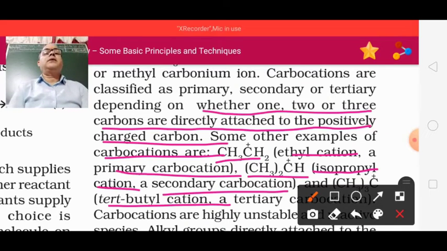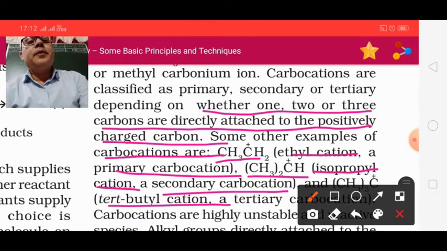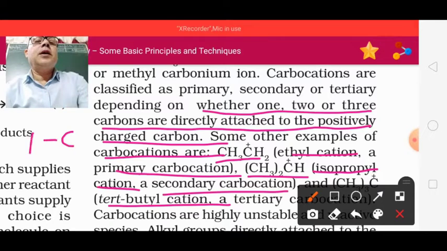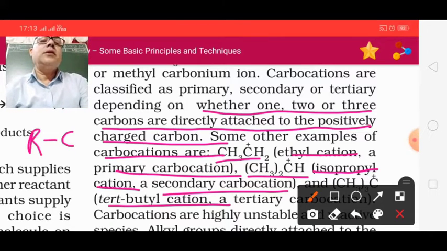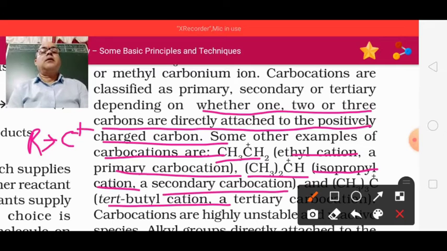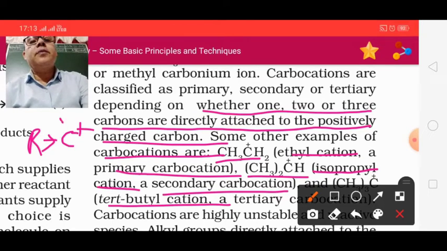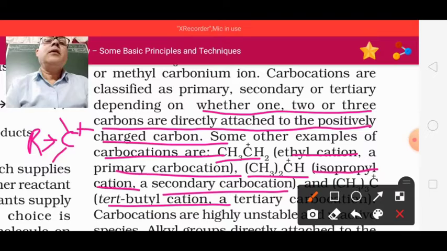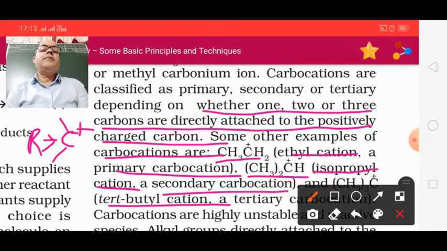Now, the stability of a carbocation depends upon the alkyl groups. Suppose here is one R group. It will donate electrons towards the positively charged carbon. As you know, carbocations are highly reactive. Why are they reactive? Because they are one pair of electrons short of the octet.